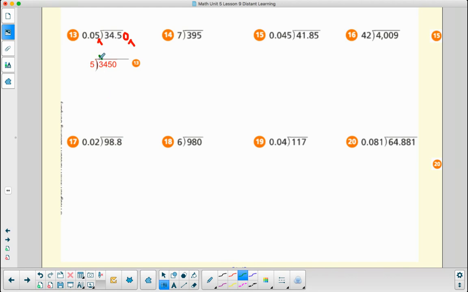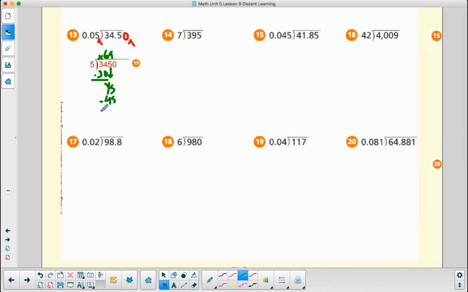I don't have any 5s. I have 6 5s in 34. That gives me 30, with 4 left. 4 is less than 5, so I can bring down. 45 divided by 5 is 9. 9 times 5 is 45.